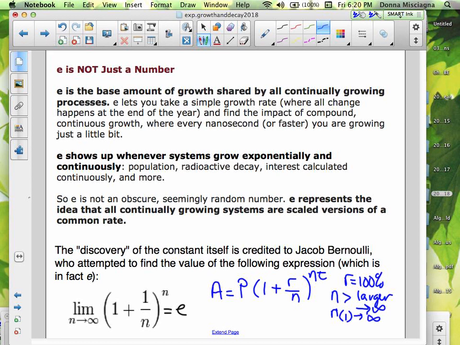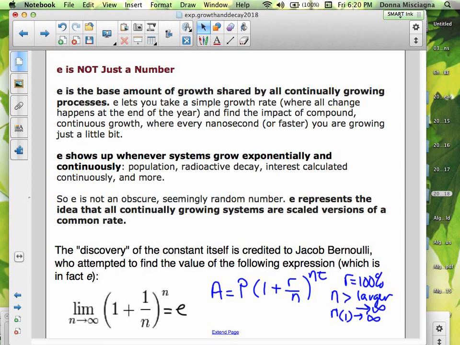And that's going to infinity. It's the compound interest formula as n gets larger and larger when we're earning 100%. That is e, and that is the rate of all continuously growing organisms.